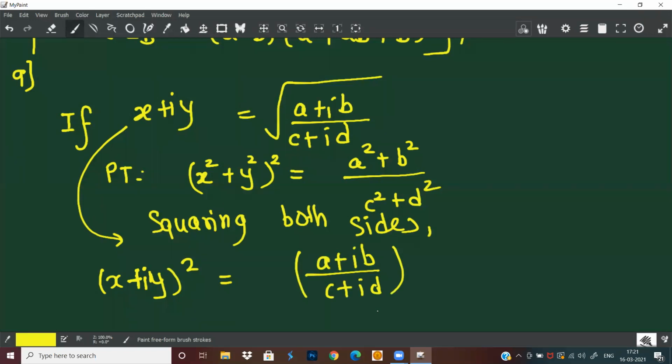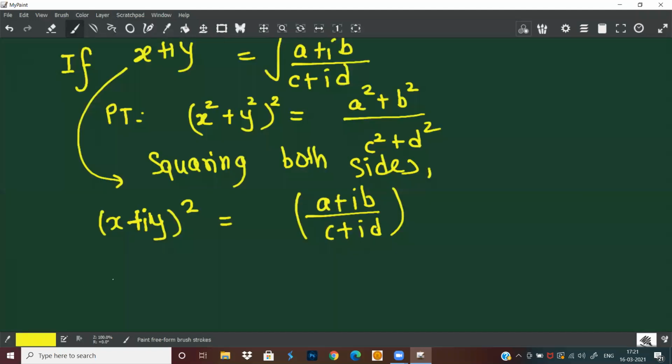See what I'm doing now. What I'm doing is what is given. I'm squaring both sides. तो मैंने स्क्वायर किया. So (a plus bi) square क्या है? पहले का स्क्वायर प्लस दूसरे का स्क्वायर प्लस 2 इंटू पहला इंटू दूसरा.